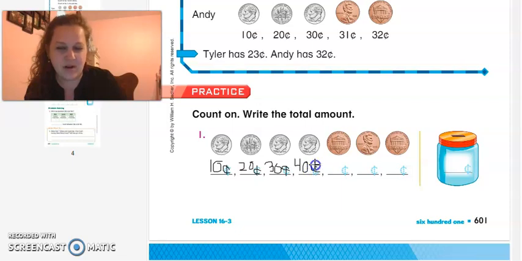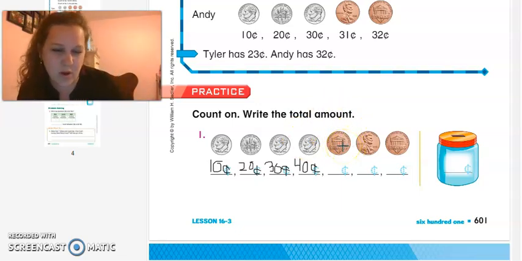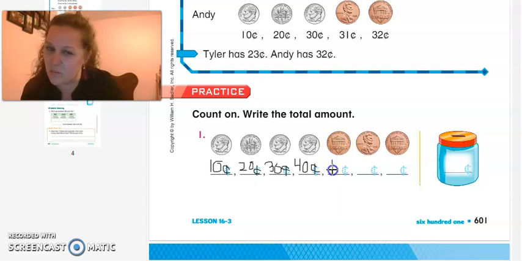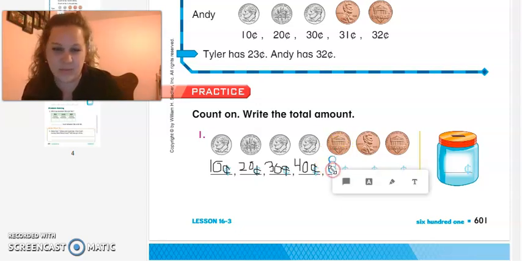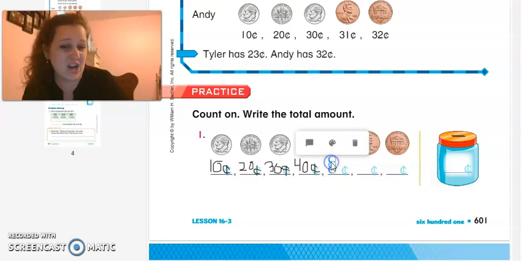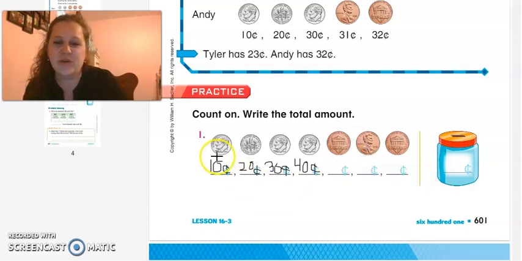Okay, these are all dimes, so we know it's 10, 20, 30, 40. Now we're switching over to pennies, which are only worth 1. But I'm not just going to write 1 cent here, okay, because we're counting on, which means we're going to keep counting with our dimes. So 10, 20, 30, 40.